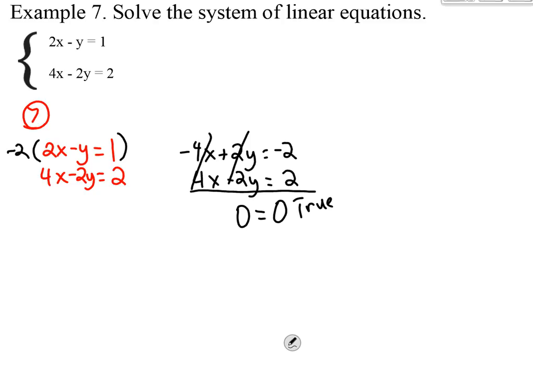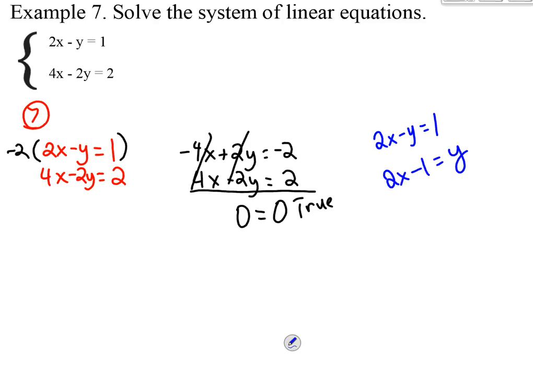And again, true isn't really the answer to this, but here are the things we can give. To give the solution, I don't know if you've done it this way before, I pick one of my original equations. So 2x minus y equals 1. And I'll use Ellie's system. I'll subtract y and subtract 1. So 2x minus 1 equals y.